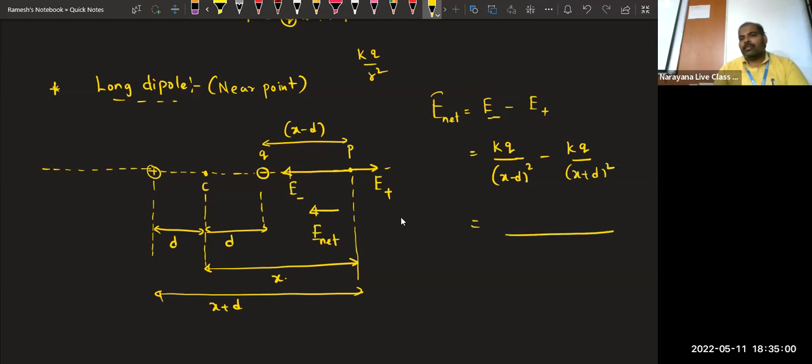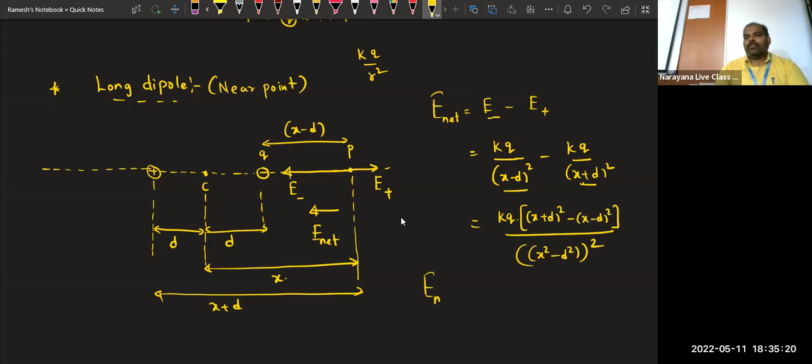If you take the LCM, this one into this one, how much? X square minus D square and again whole square. KQ I will take outside and the bracket will start. This term I will send here. What will happen? X plus D whole square minus X minus D whole square.